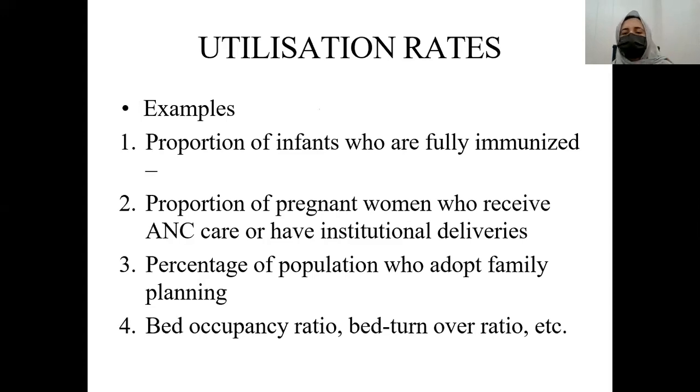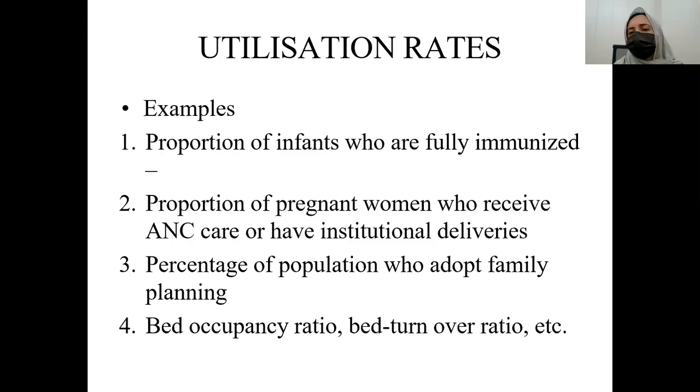How well it is being taken up by the population, this would be referred to as utilization rate. वो जो program है उसको community कितना utilize कर रही है. Proportion of pregnant females who receive antenatal care is also an example of utilization rate. Antenatal care centers बने हुए हैं, tertiary level पे भी, BHUs में भी, हर जगह.